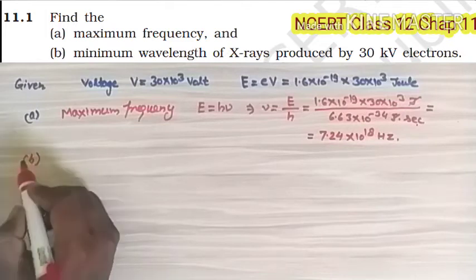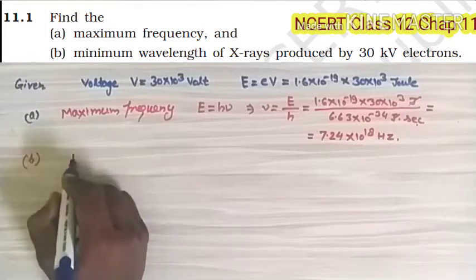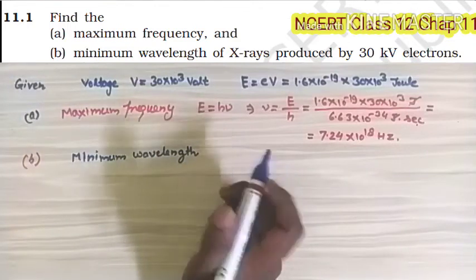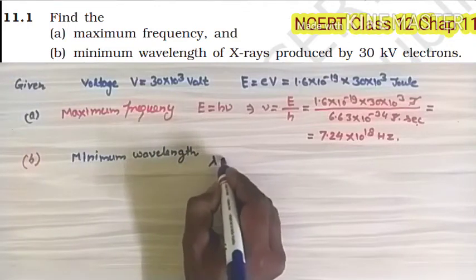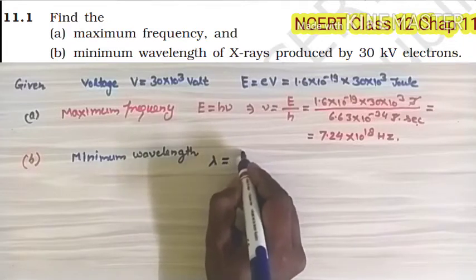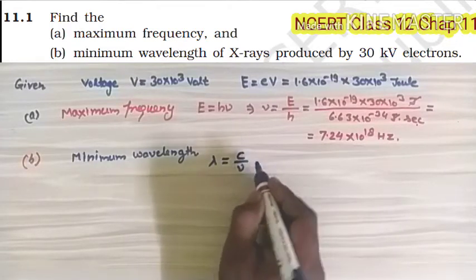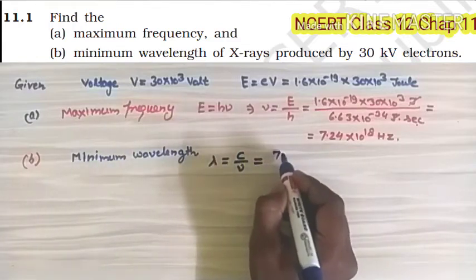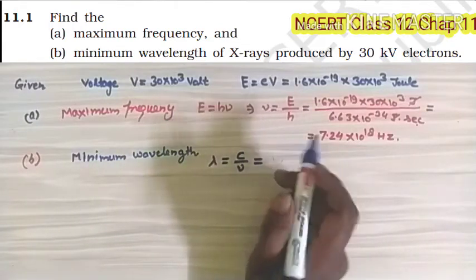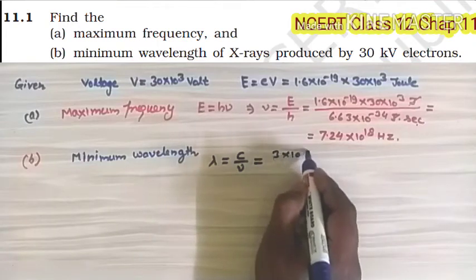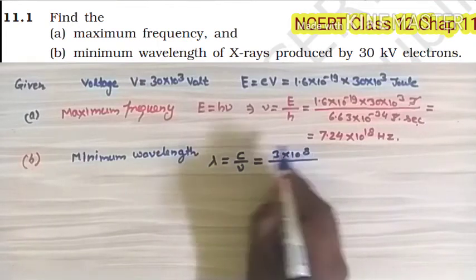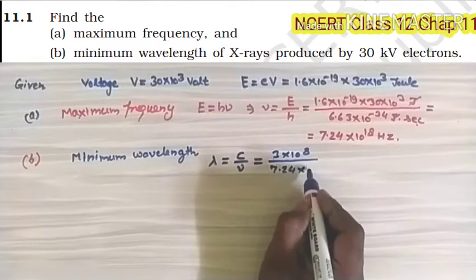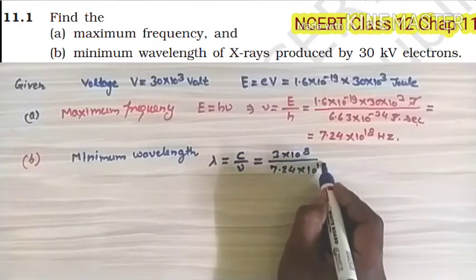In the second part, they ask for the minimum wavelength. If the frequency is maximum, students, the wavelength lambda equals c upon nu. Here c, the velocity of light, is 3 × 10 power 8, and the maximum frequency is 7.24 × 10 power 18.